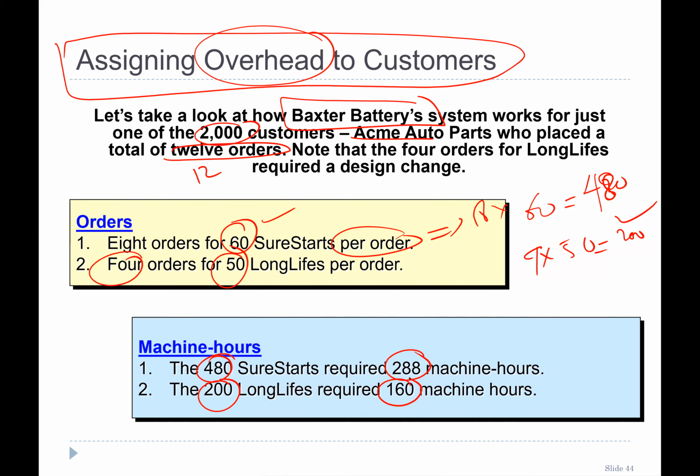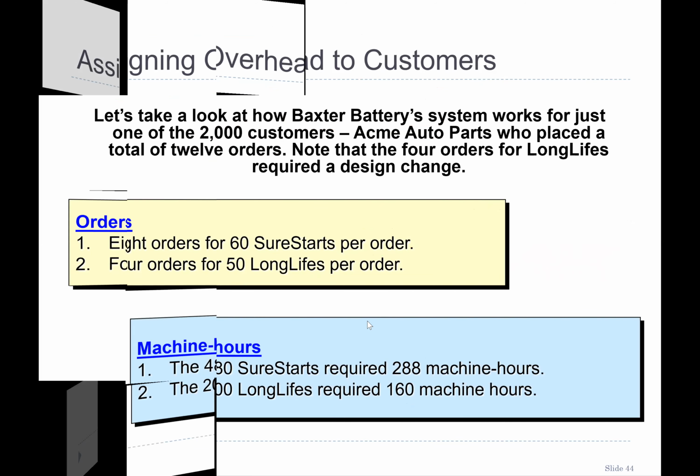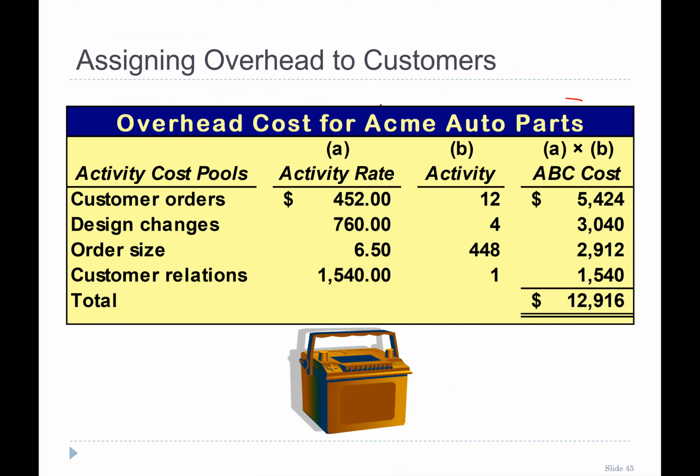All you need to do is multiply the activity rates with the activities. So for Acme Auto Parts, we have already categorized the activity rates. Because this is a matter of customer relations, $1,540 would be there as well, right?